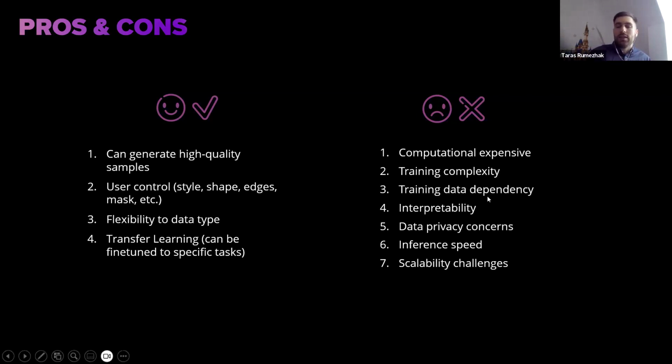Training complexity, data dependency, that's a very hard topic because of all the regulations, AI Act, and IP compliance, etc. Interpretability, to understand why the model generated something. And interpretability is actually connected to IP compliance.